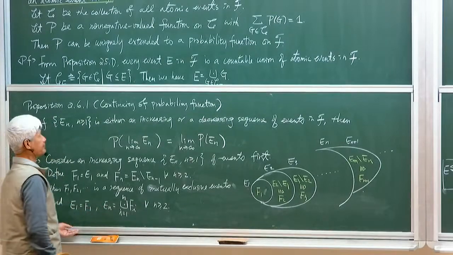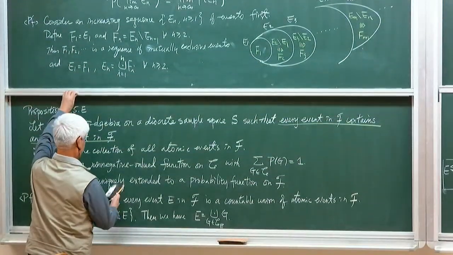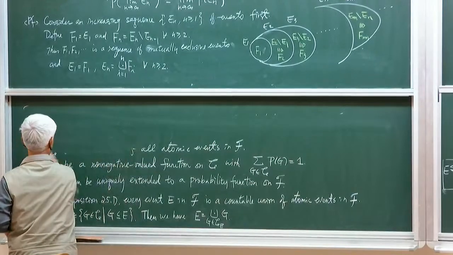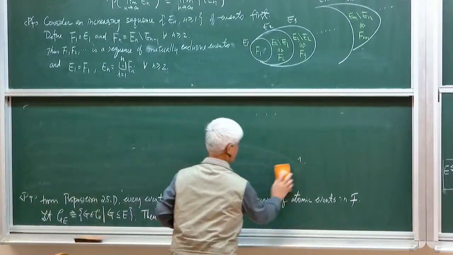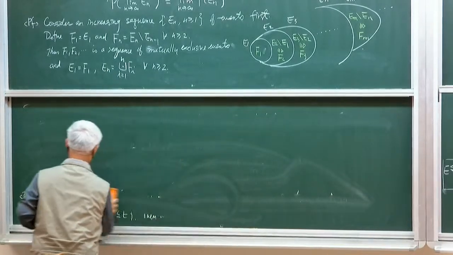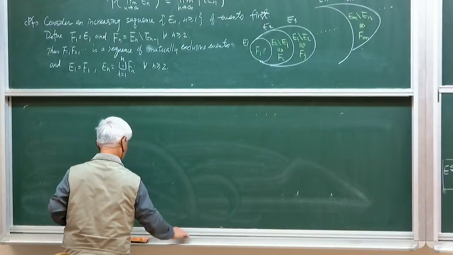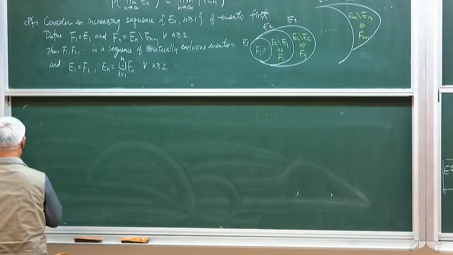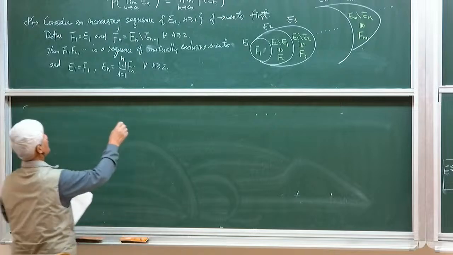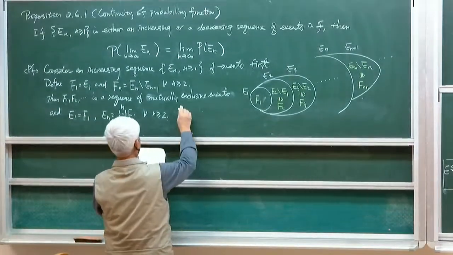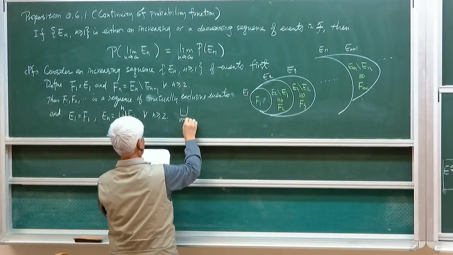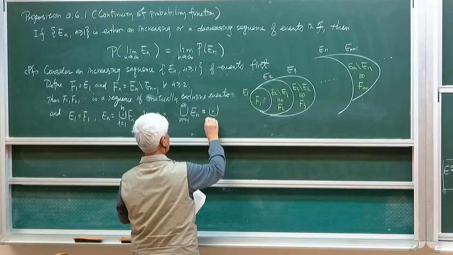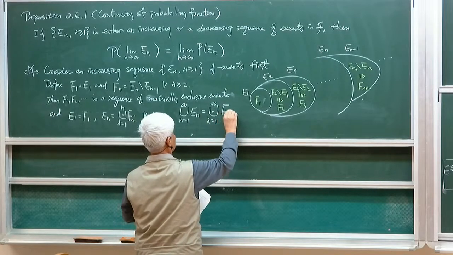Any questions? Okay, one more thing: the union of En becomes the disjoint union.